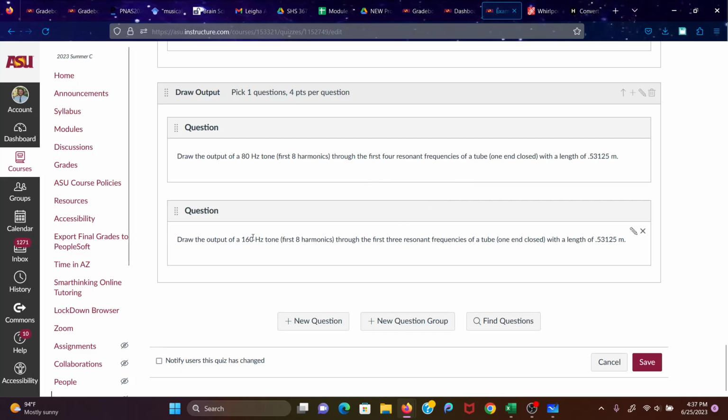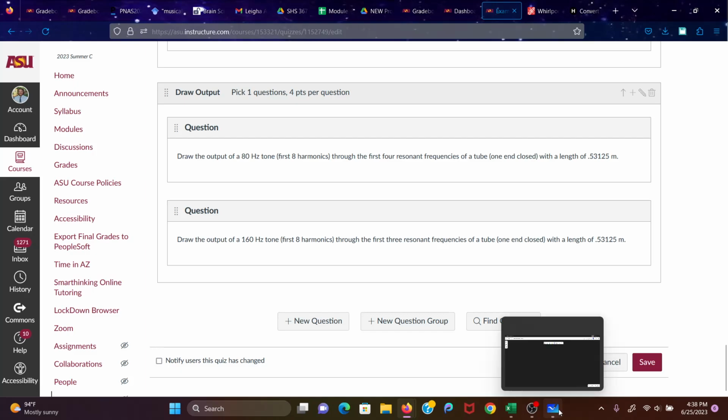Draw the output of a 160 hertz tone through the first 3 resonant frequencies of a tube. The length of the tubes in both cases are exactly the same, 0.53125. So we're going to do the answers to both of these at the same time.